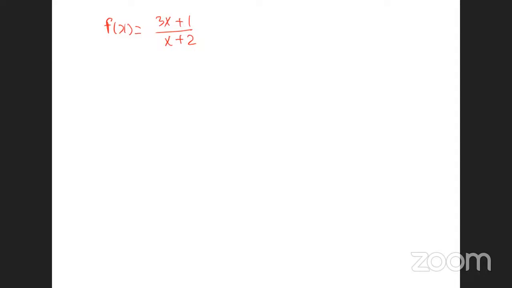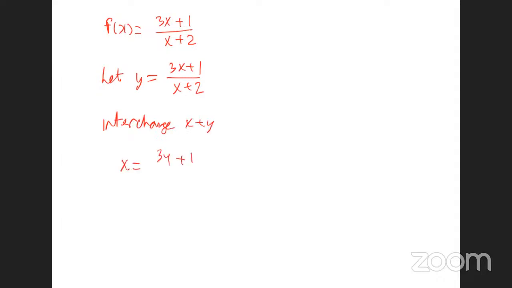Finish? So you should have this step: y equal to 3x plus 1 over x plus 2. And you should have the next step, interchange x and y. So you should have x is equal to 3y plus 1 over y plus 2. You're supposed to have up until there.